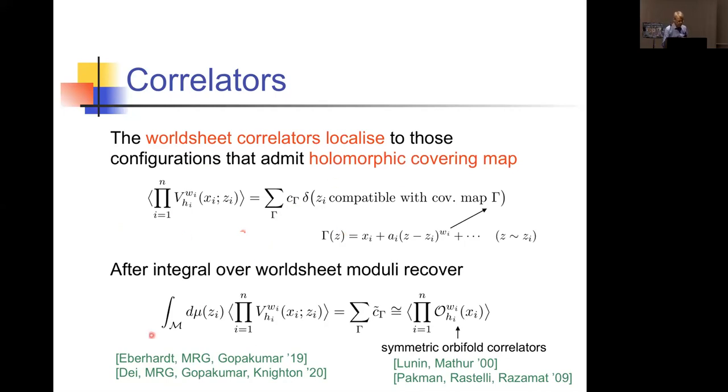And this is something which we proved in this more recent paper together with also Andrea, who is in the audience, where we showed that this is a consequence of the Ward identities of this free field theory. So this is not just some wishful thinking. This is something that follows from a careful analysis of the properties of this worldsheet CFT.